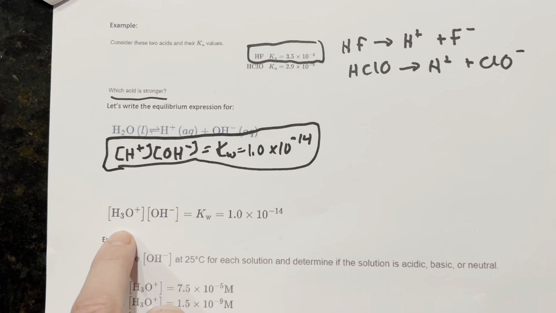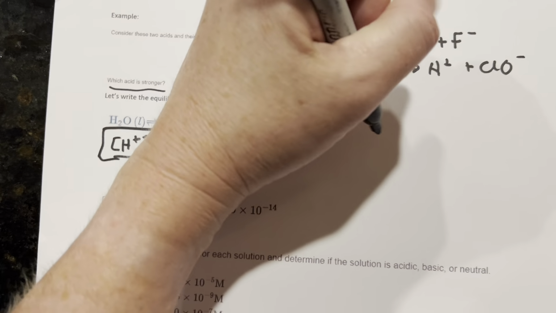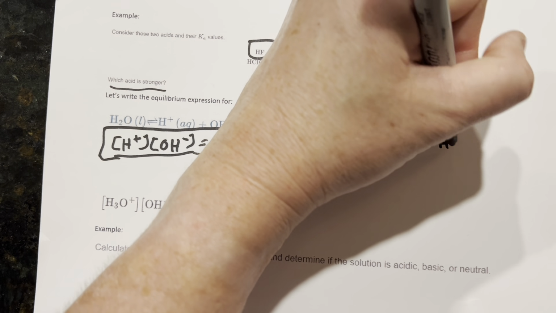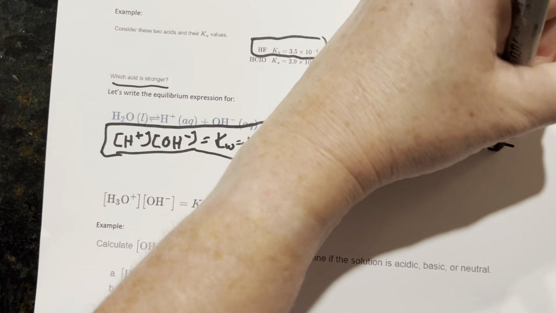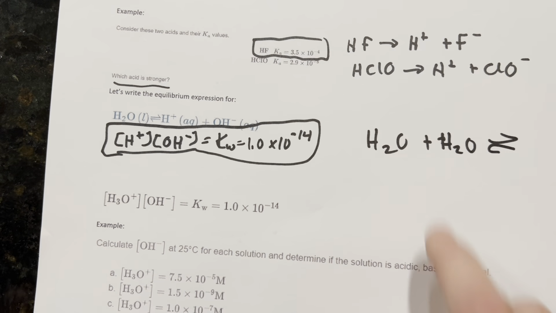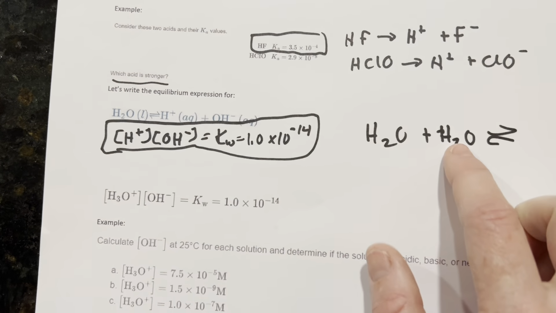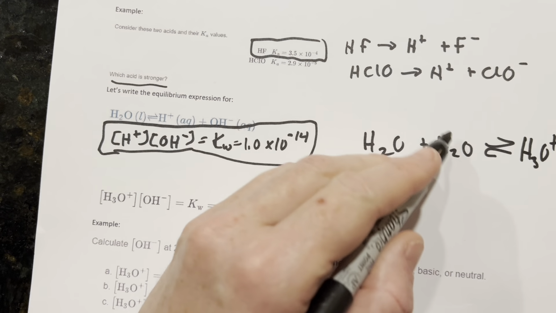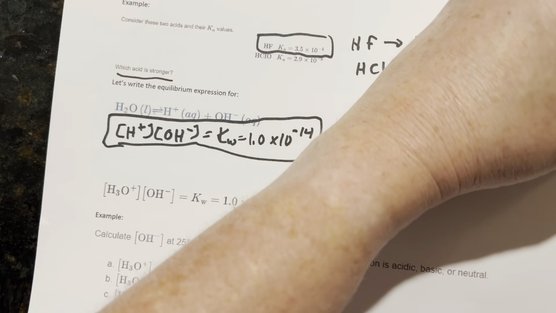Before I get there, I want to show you how you make this one, in case anybody was wondering. If you react two waters, and one acts as an acid, and one acts as a base, that's how you'll get one to give off an H plus. So let's say this one gave off an H plus to that one, and then you're left with OH minus.